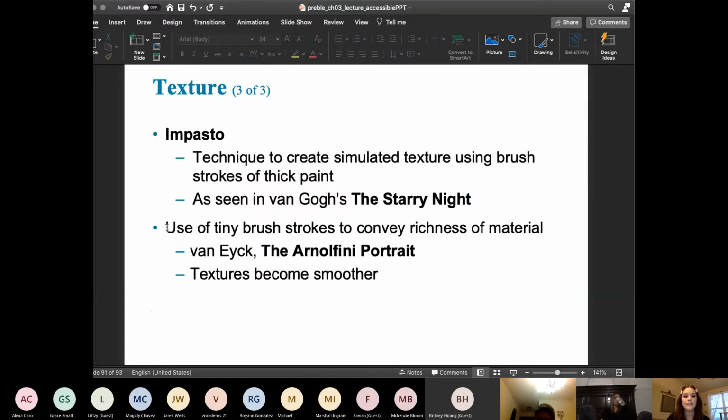An example of an artist that implies texture is Jan van Eyck in his Arnolfini portrait. So he used such thin, tiny brush strokes in his painting, the Arnolfini portrait, that he was able to imply the richness of different fabric textures.